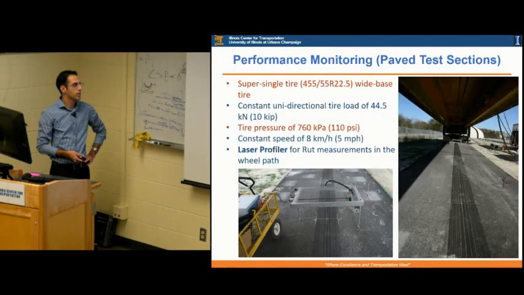But in this case, instead of using the dipstick, we were using a laser profiler, so it can actually give better resolution. We can collect more data points and measure the rut. So in the case of construction platforms, our failure criteria was 76 millimeters, or 3 inches. In the case of asphalt, our failure criteria was half an inch, or 12.5 millimeters. We were applying the exact same wheel, the exact same loads, and everything.